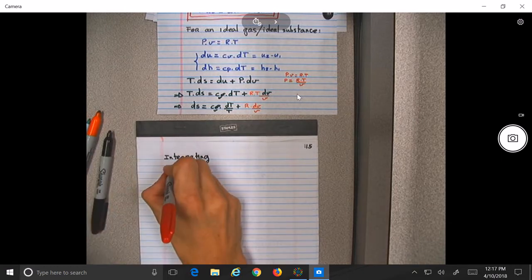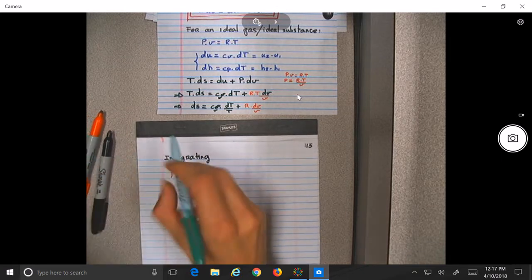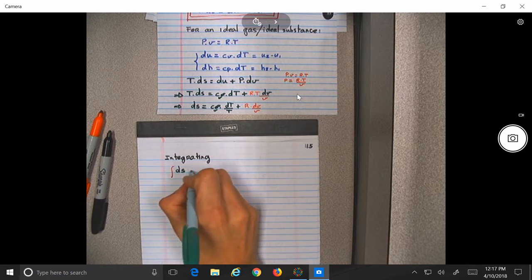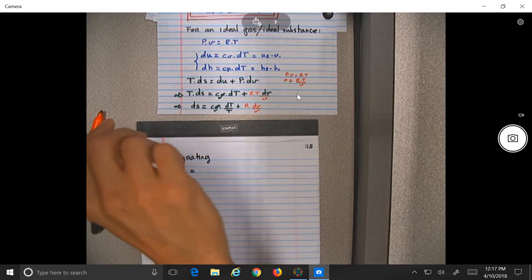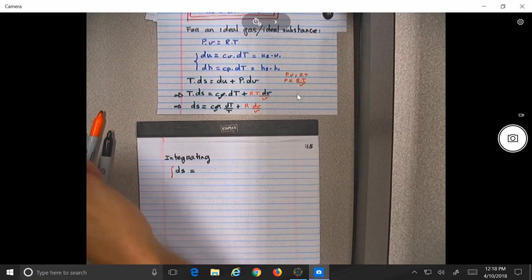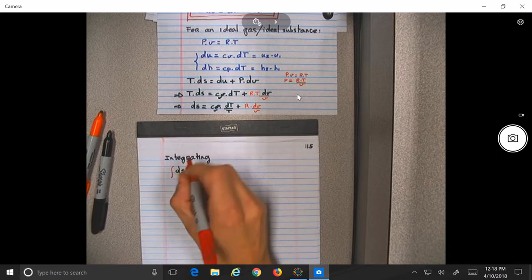I'm going to get the integral of ds equal to this way.